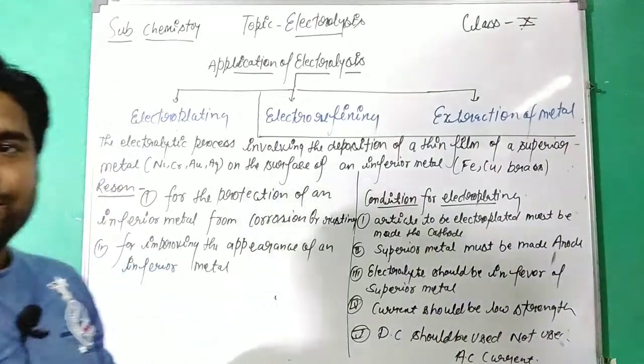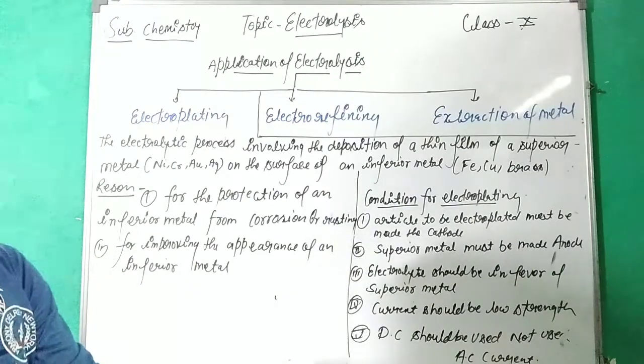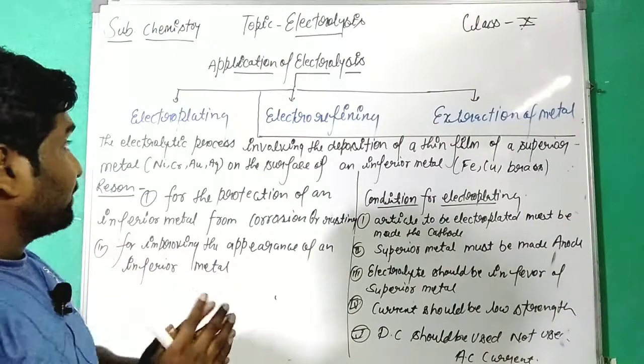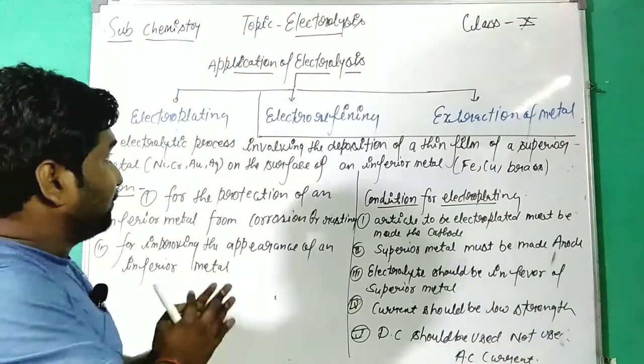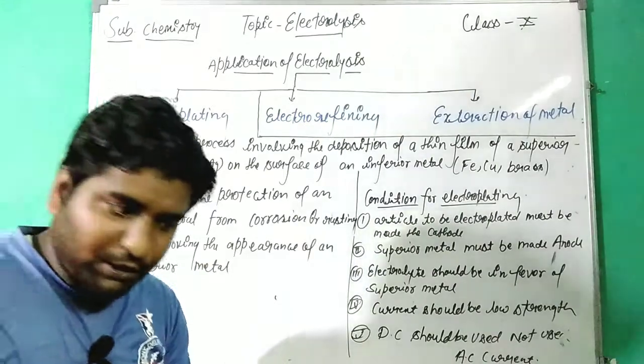Okay students, as you know, in the previous video we have already discussed the different types of cells and the electrolysis process. Today we are going to explain the applications of electrolysis.